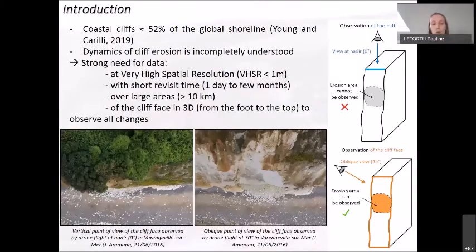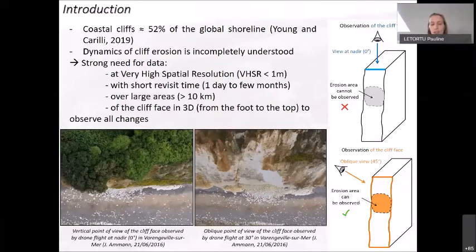Coastal cliffs can only retreat, and this erosion threatens people and infrastructure. Citizens, coastal managers, and elected officials ask for knowledge to improve practices and strategies for managing the cliff erosion in a context of climate change.